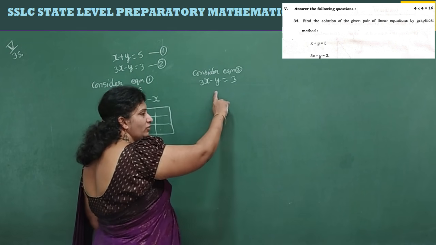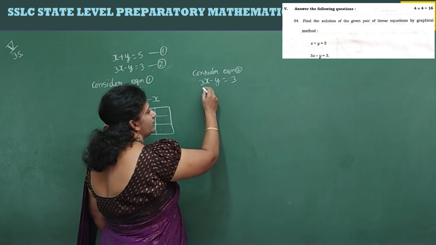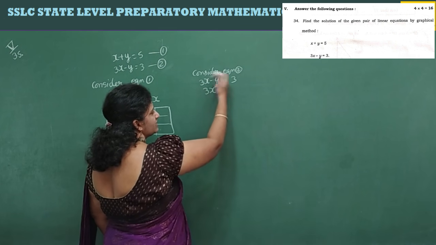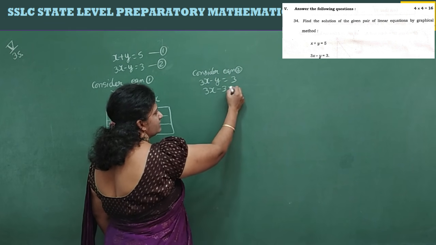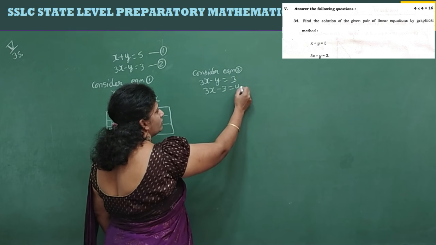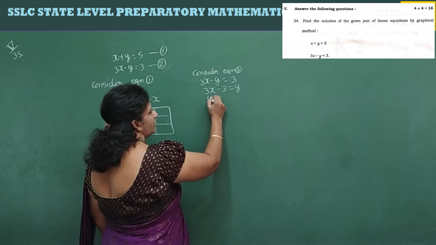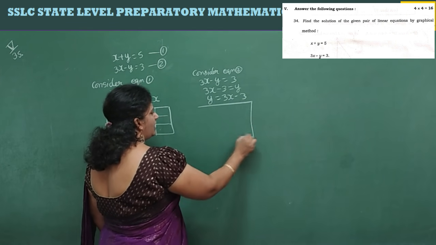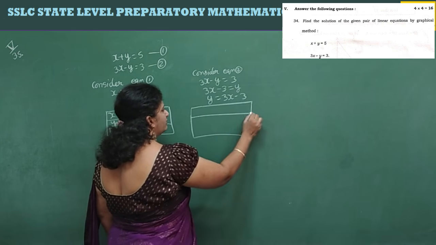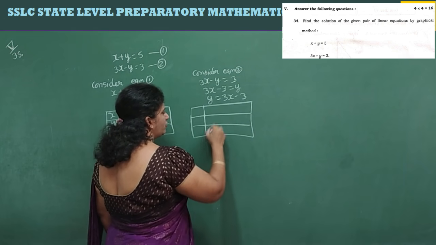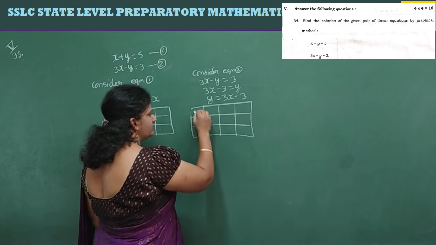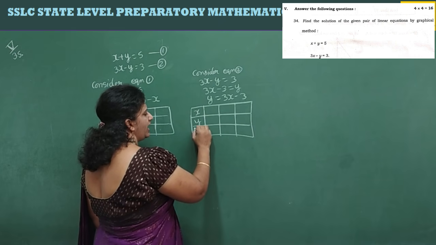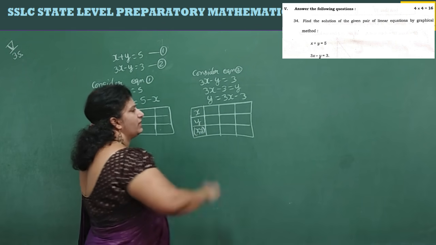So y you disturb, other numbers bring to this side. That is 3x, and 3 brought to this side, minus 3. Minus y, if you send to the other side, it will be y. Rewrite this: y is equal to 3x minus 3. Now do another table. Right? 3 rows, 4 columns: x, y, x comma y.